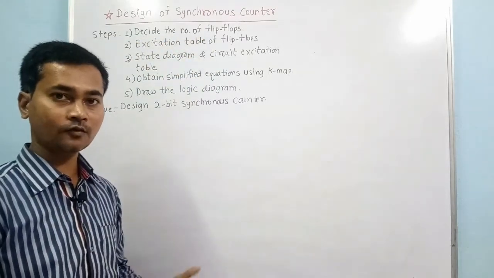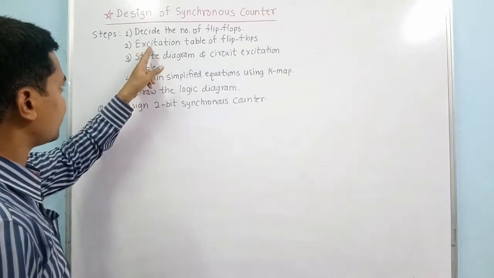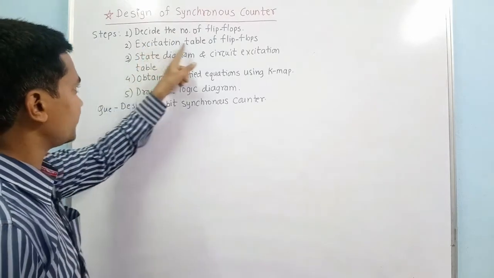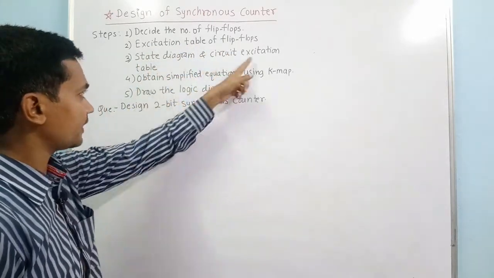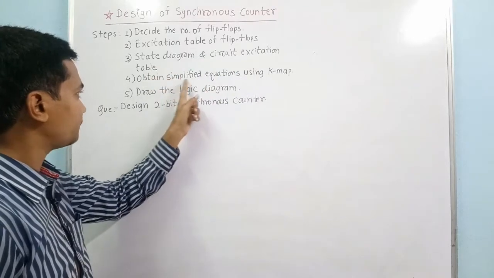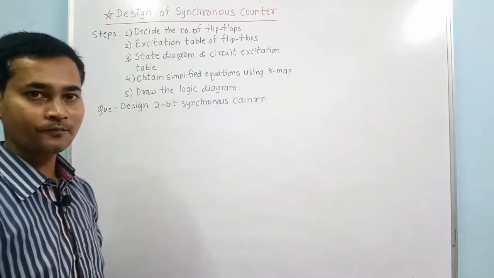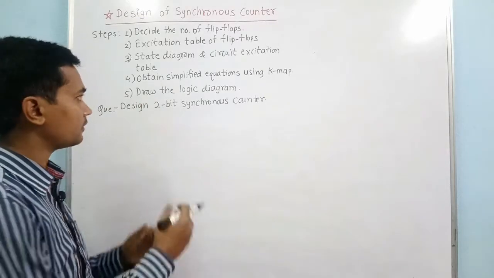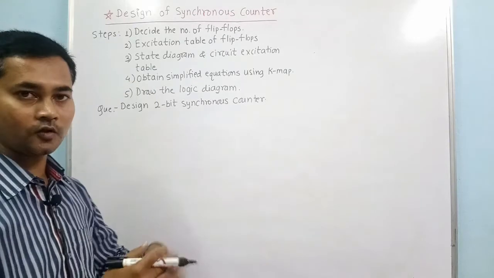The second step is to draw the excitation table of the flip-flops. Then the third is the state diagram and circuit excitation table, obtain simplified equations using K-map, and finally draw the logic diagram. First of all we will see all the steps one by one and then go on following all the steps.